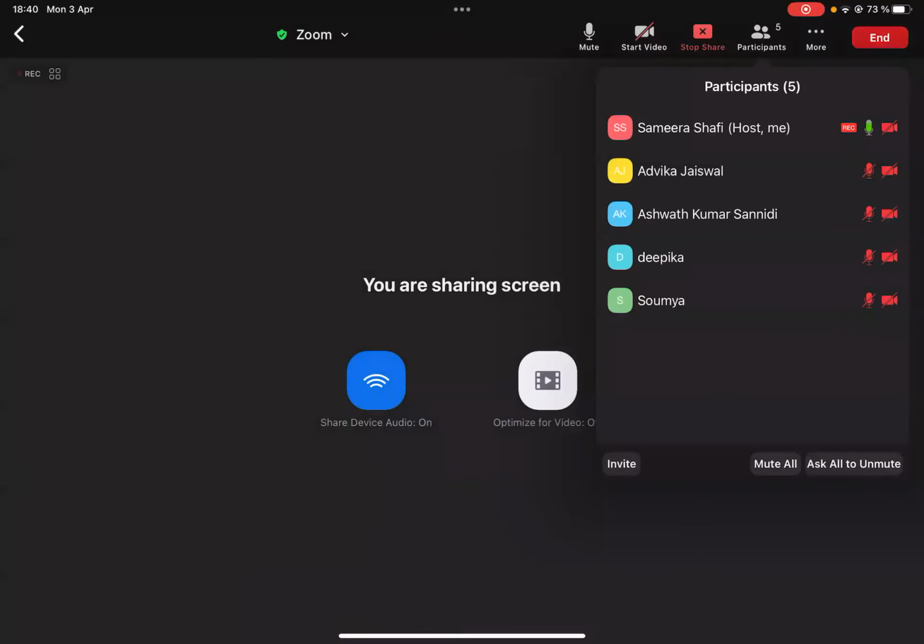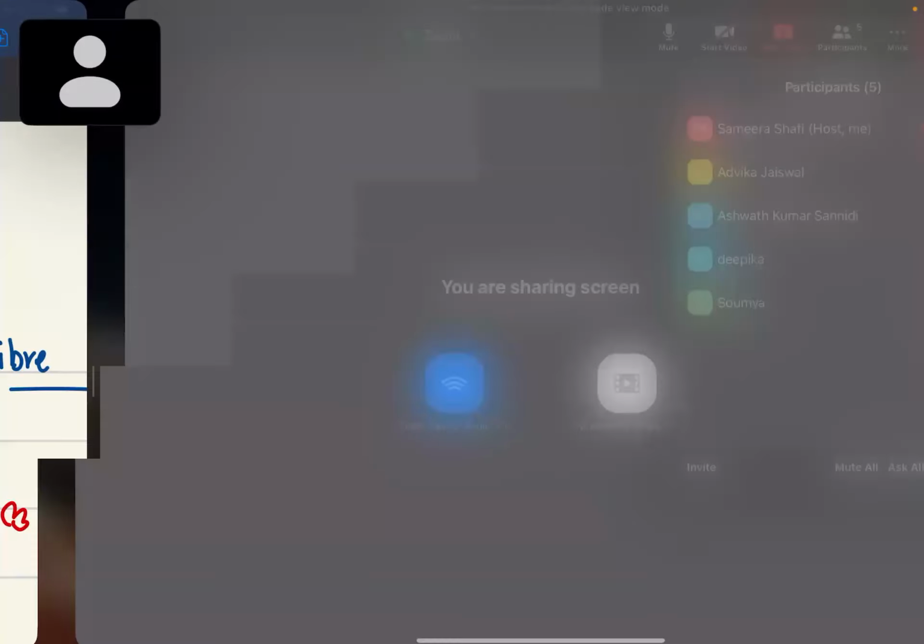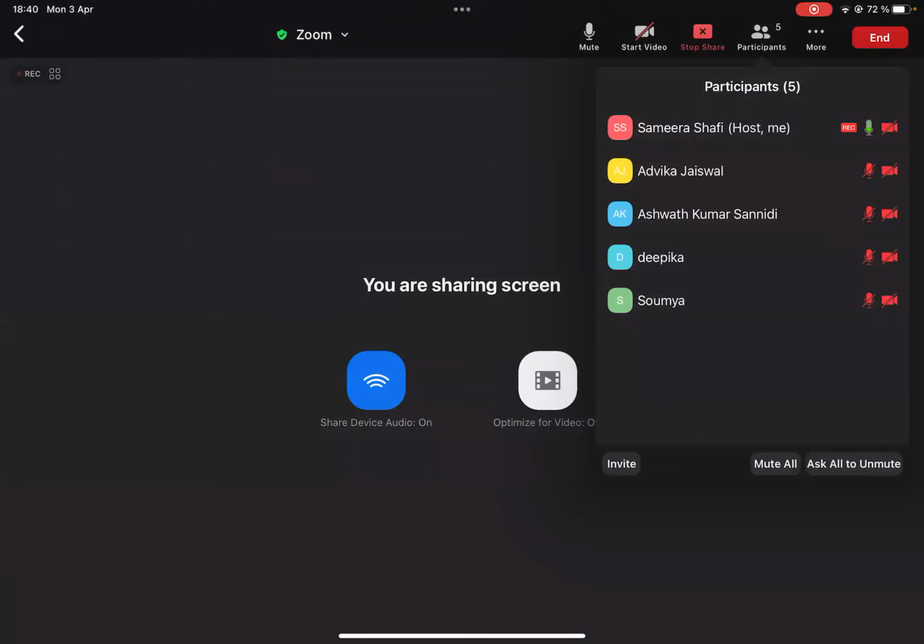Can you all tell me how this fiber is obtained? How do we get this fiber? Since I asked you to search for it, how many of you did? Raise your hand. Ma'am, can you repeat? How is fiber obtained? How many of you searched for the answer?